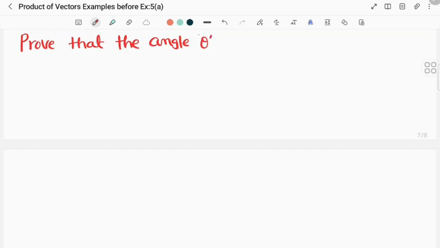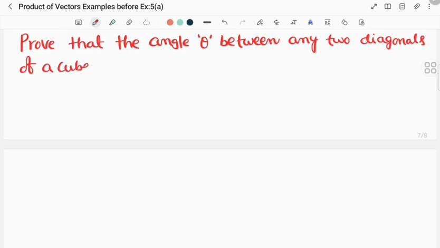theta between any two diagonals of a cube is given by cos theta equal to 1 by 3.